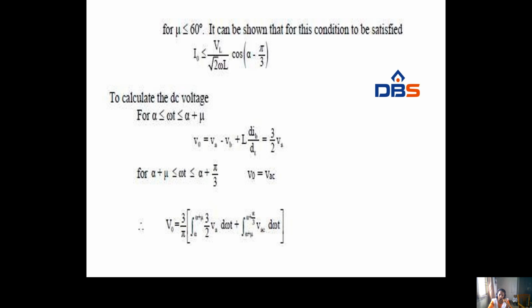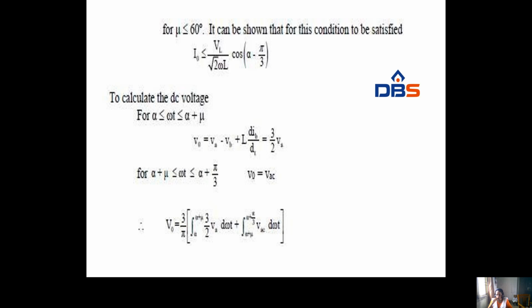For mu less than or equal to 60 degrees, it can be shown that there is a condition to be satisfied: I naught is less than or equal to VL by root 2 omega L into cos of (alpha minus pi by 3).